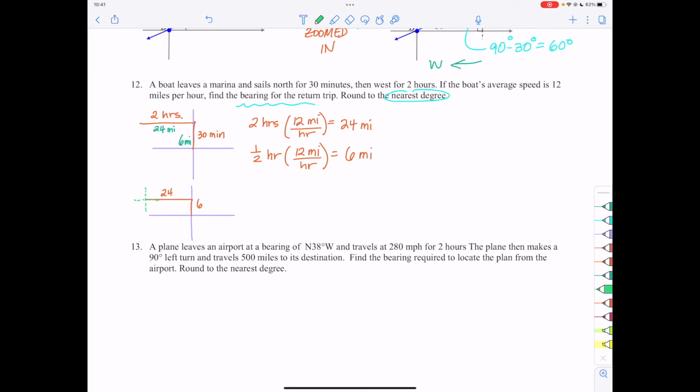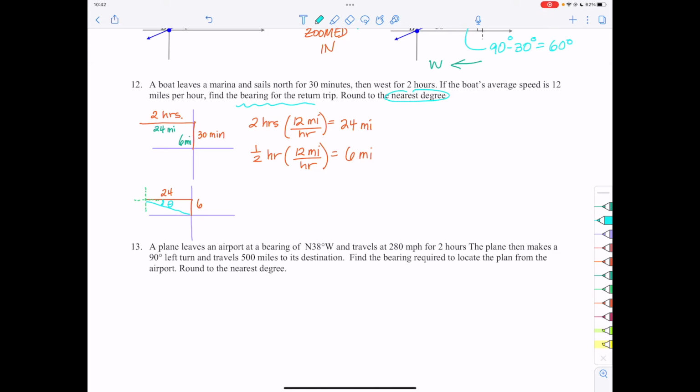And so now we have this triangle, and we can come like this. And now this is theta.